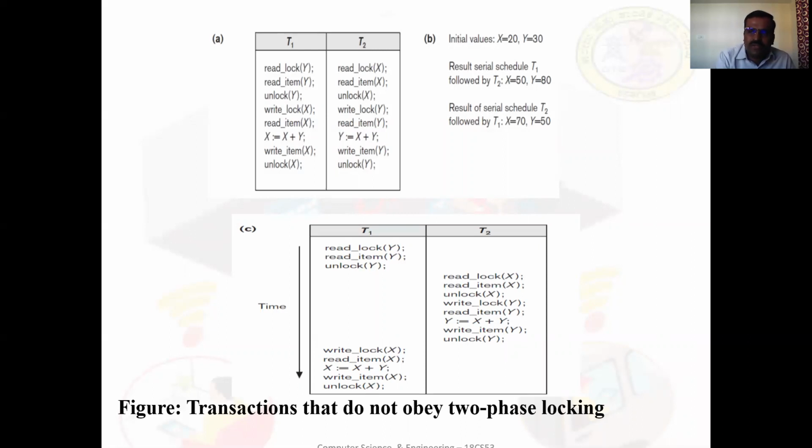Here in this figure, the two transactions T1 and T2 do not follow the two-phase locking protocol, because the write_lock(X) operation follows the unlock(Y) operation in T1.